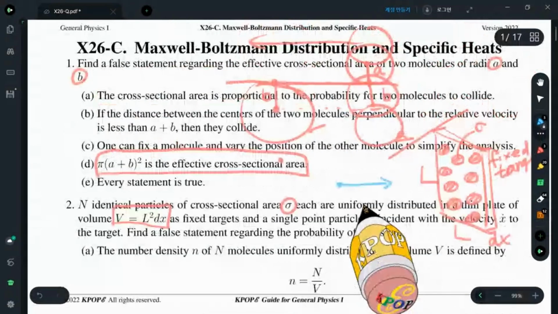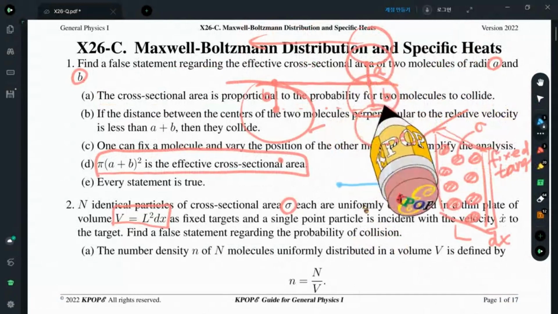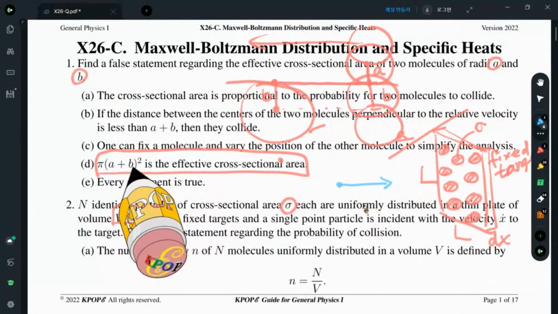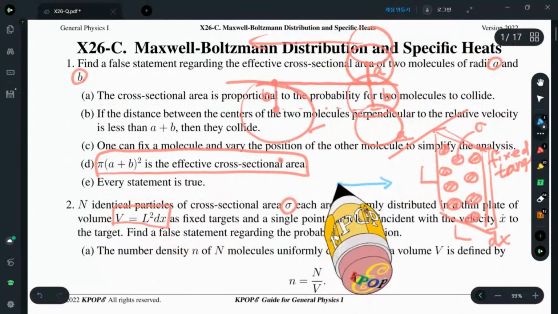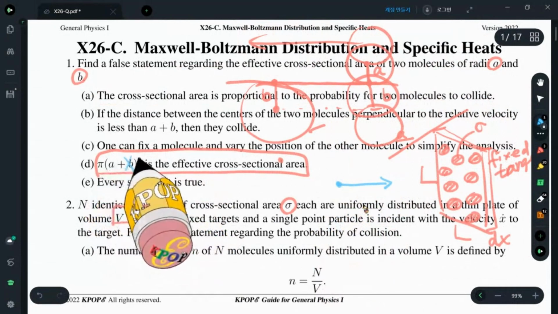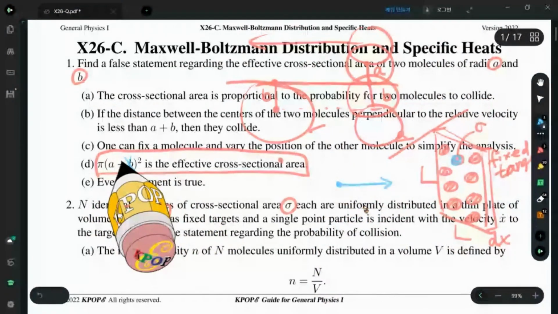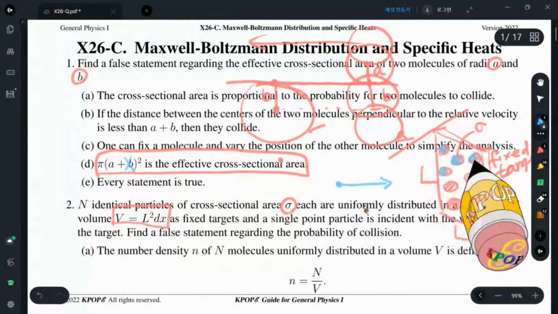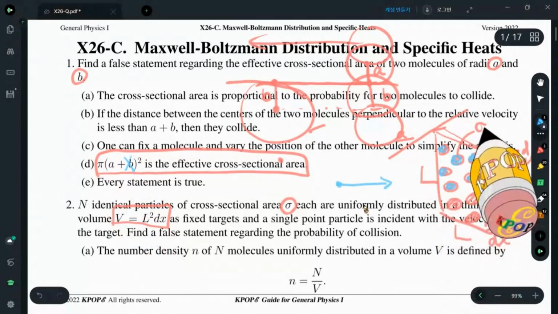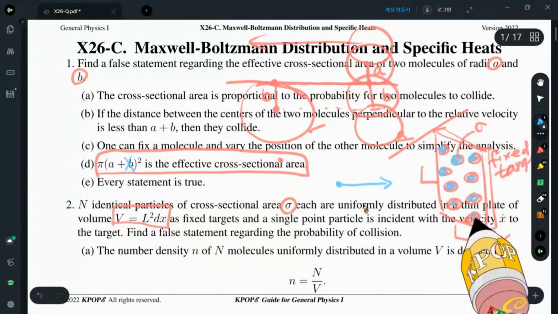So when we consider the more general case, both of them have non-negligible size, the cross-sectional area will be pi (a plus b) squared, but because this one is a point particle, it should be pi a squared, that is sigma of each. And because there are many of these particles, we need to multiply by the number of particles embedded in the target.